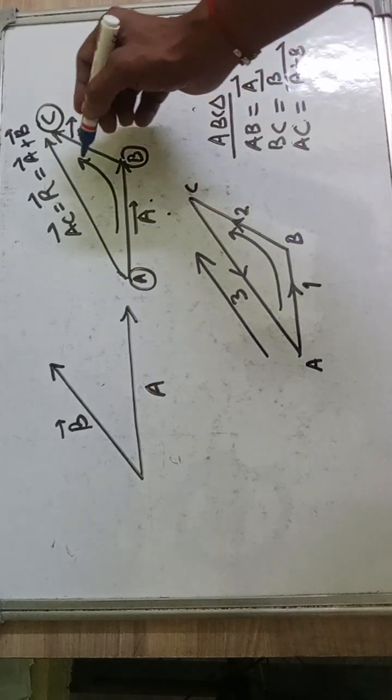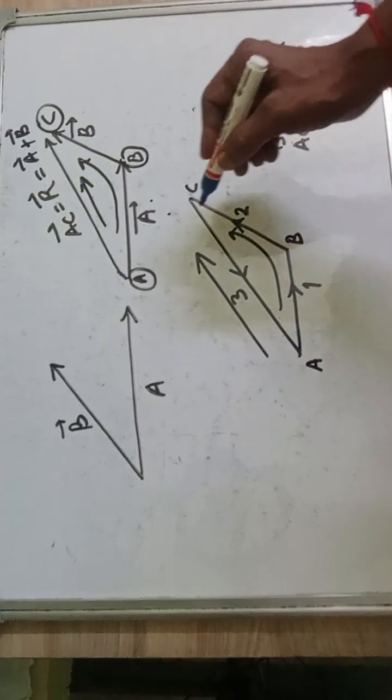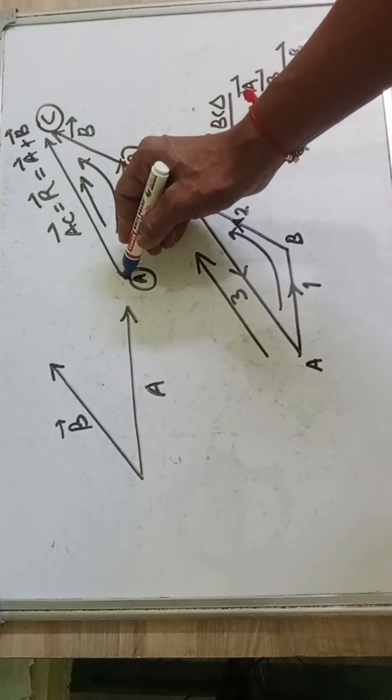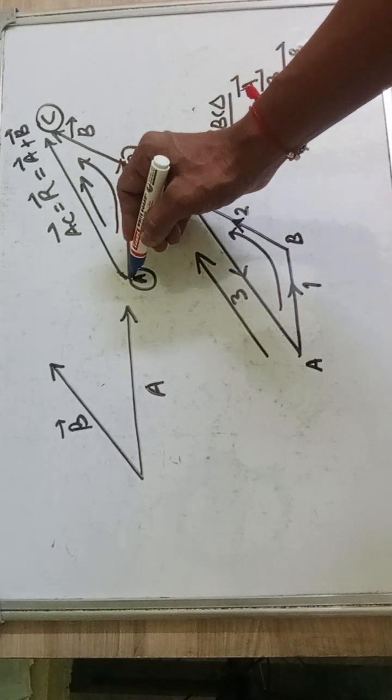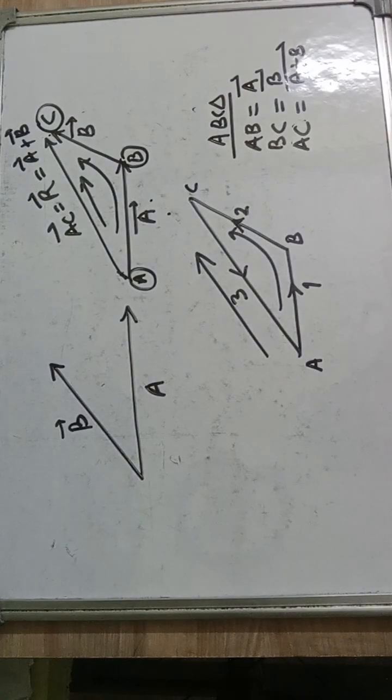The resultant is in opposite order. That means the resultant will have tail at A and head at C. This resultant vector R will be the resultant or addition of these two vectors A and B.